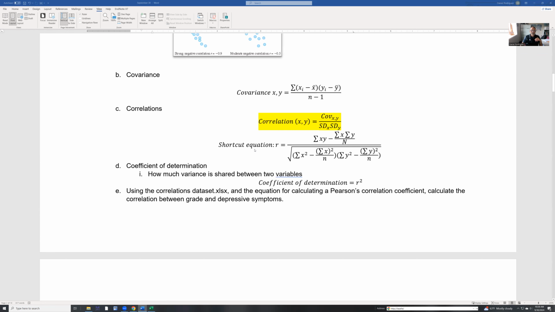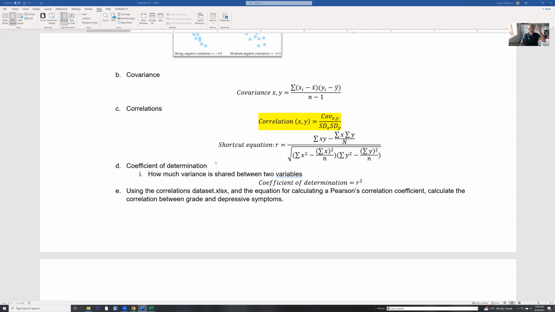The correlation itself is a measure of effect. A small correlation is 0.1 to 0.3, 0.3 to 0.5 is medium, and greater than 0.5 is a large correlation.